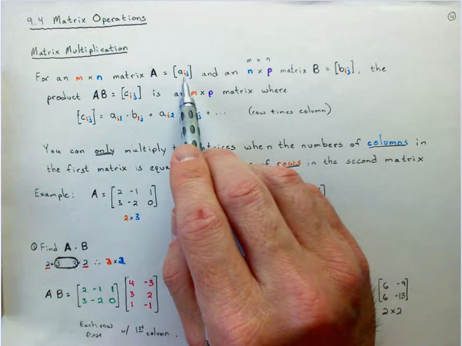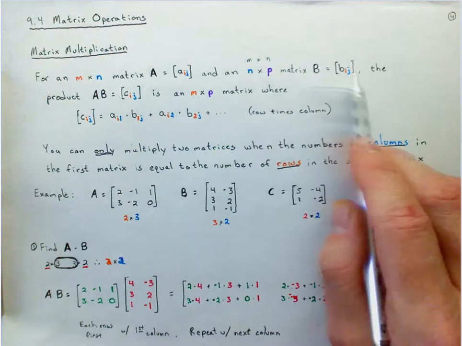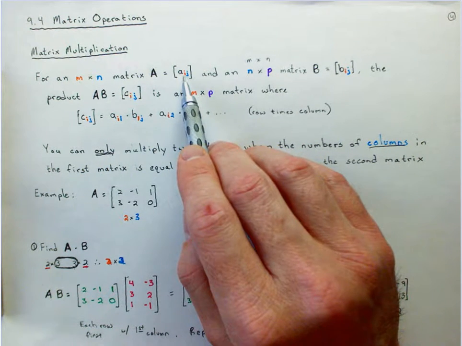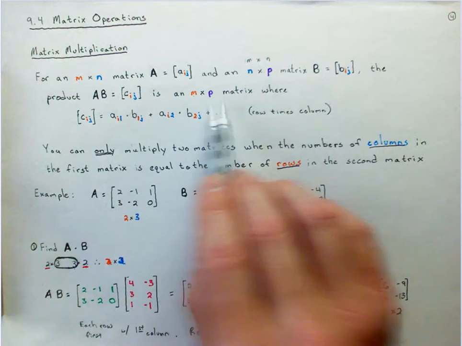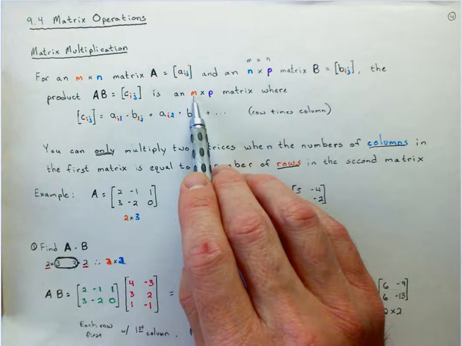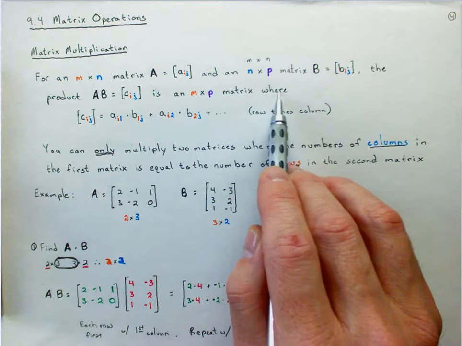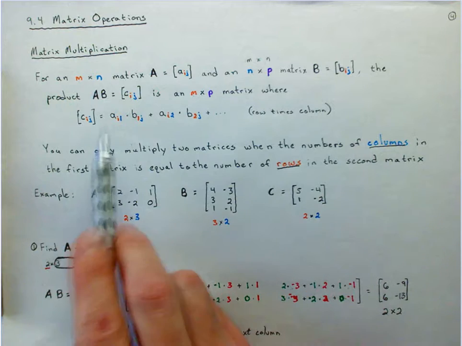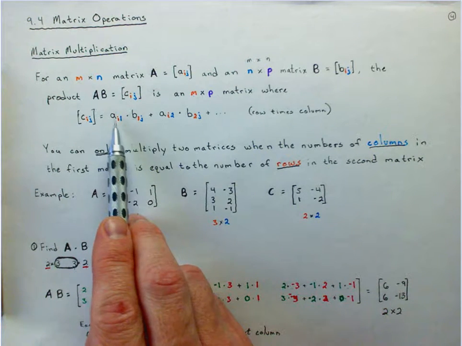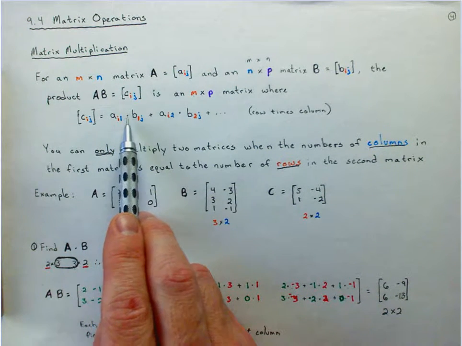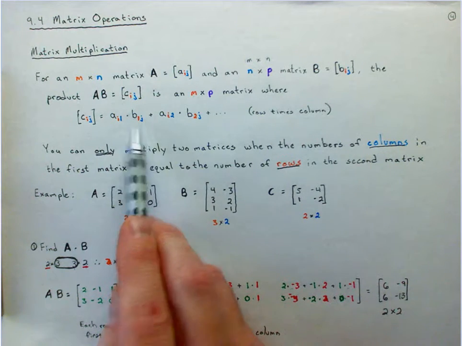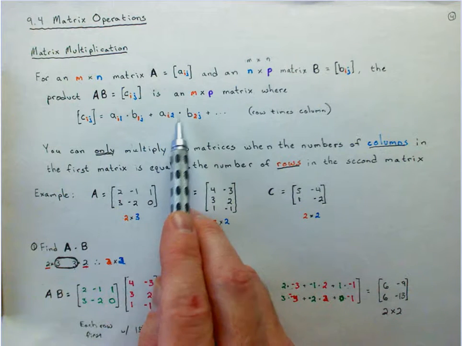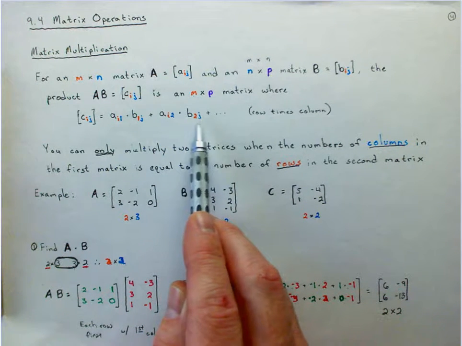The A sub ij and the B sub ij deal with the different entries inside of that matrix. Once I do the multiplication, I end up with an m times p matrix where C sub ij is equal to A sub i1 times B sub 1j plus A sub i2 times B sub 2j.